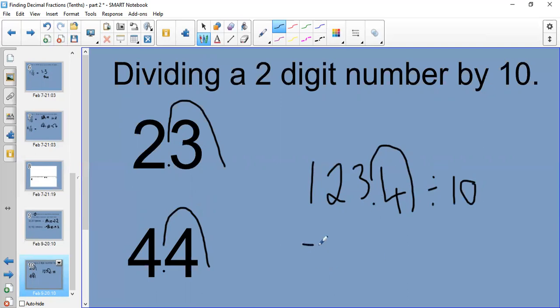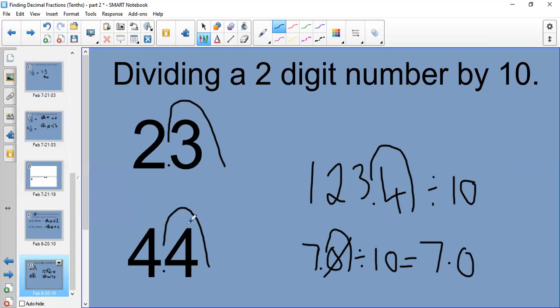And again, if any number, for example, 70, and we know that 70 divided by 10 is just 7, any number with a 0 on the end of it, when you're dividing by 10, you just knock the 0 off. But again, if you move the decimal point back one, it would be 7.0, and 7.0 is the same as 7.